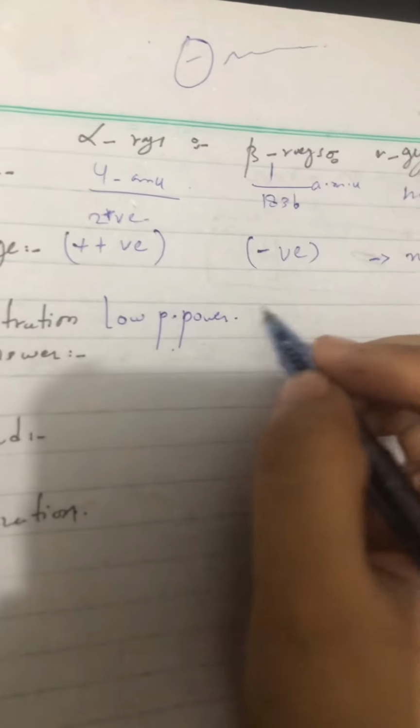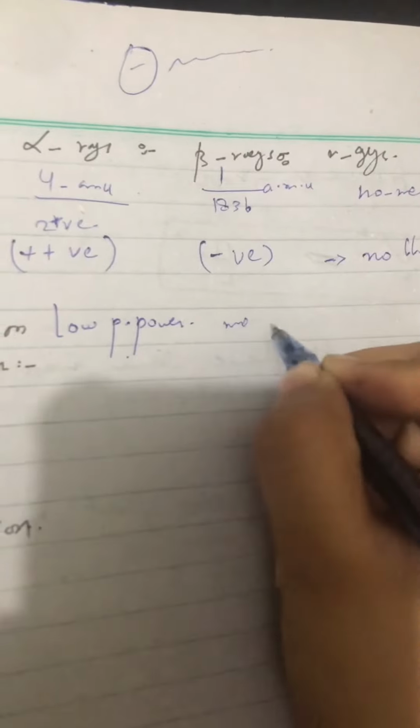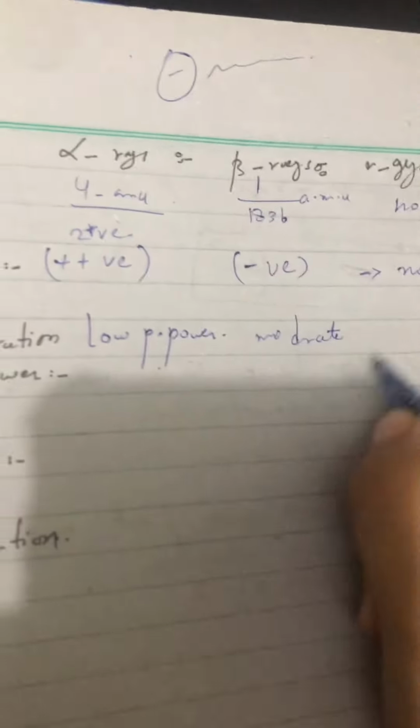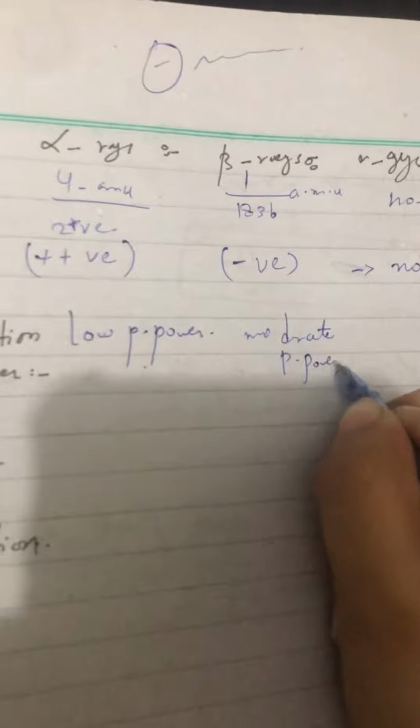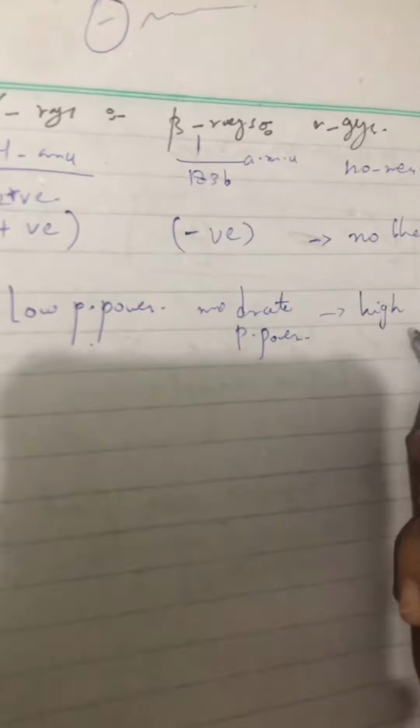Beta rays have moderate penetration power, and gamma rays have high penetration power because they have no mass, no charge. Having no mass, it will move very fast.